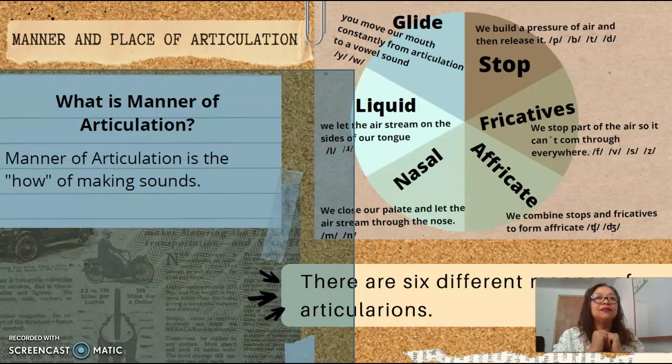Mm. The air comes out the nose. Now we have the liquids. We let the air stream to the sides of our tongue.